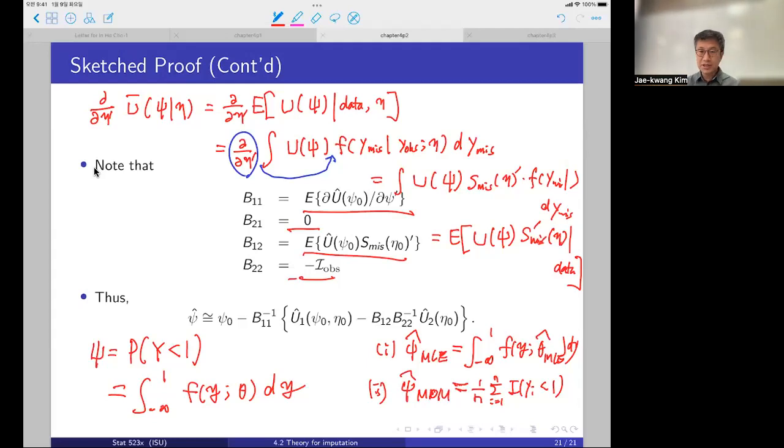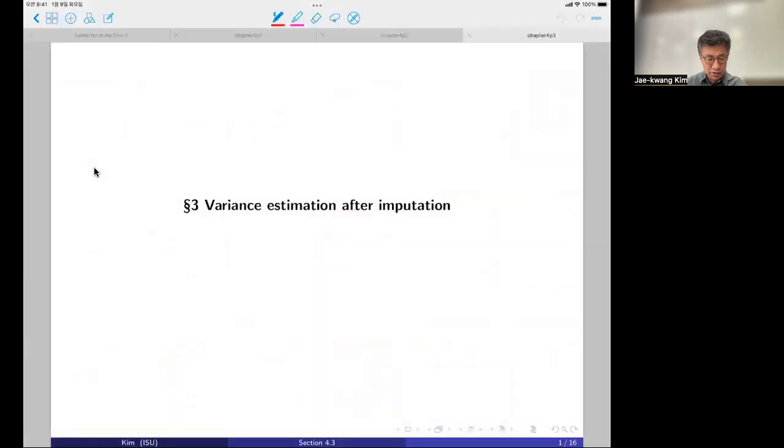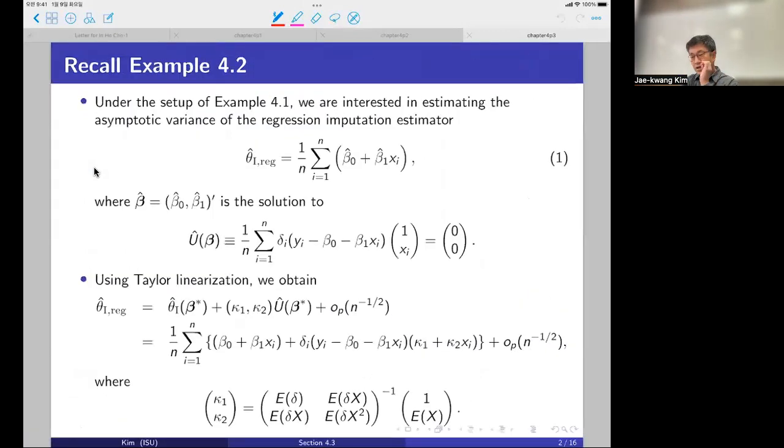Okay, so this is about section 4.2, and now I'm going to move on to section 4.3. You probably attended a seminar yesterday that was quite similar to what we are covering. So I'm going to explain a little bit of what the speaker did yesterday and make some connection.